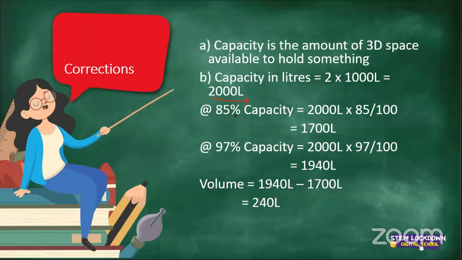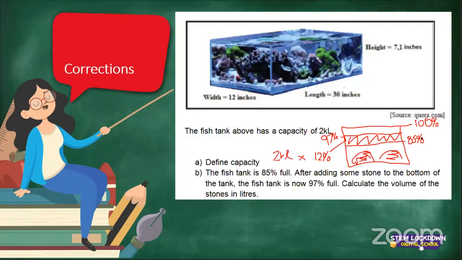And what is 85% of 2,000? That should give you 1,700 liters, right? That means at 85%, in liters, it is 1,700 liters, as you can see there.